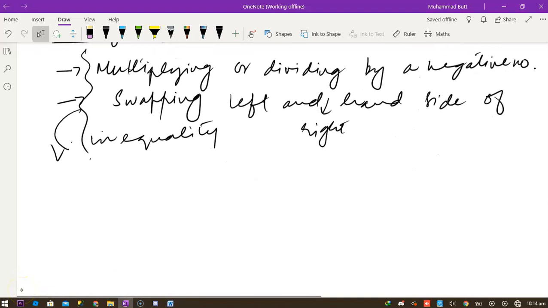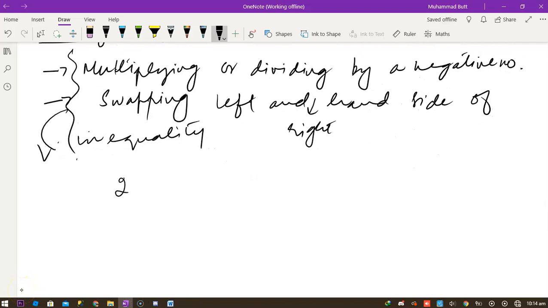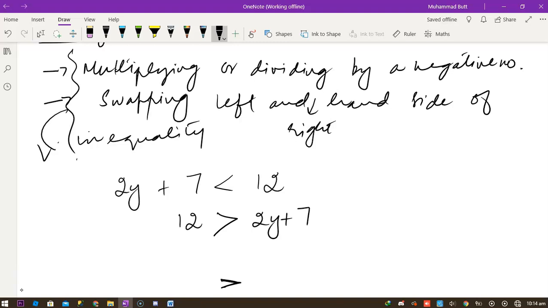Let us take an example of an inequality, that is 2y plus 7 less than 12. When we are swapping both sides, we can write that 12 is greater than 2y plus 7.